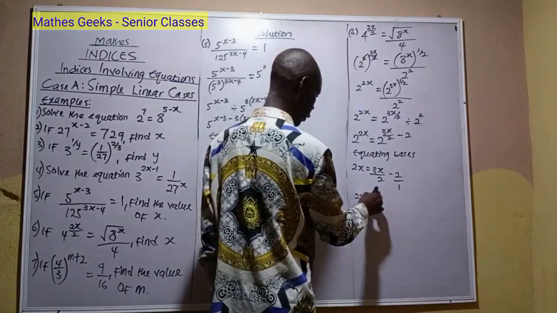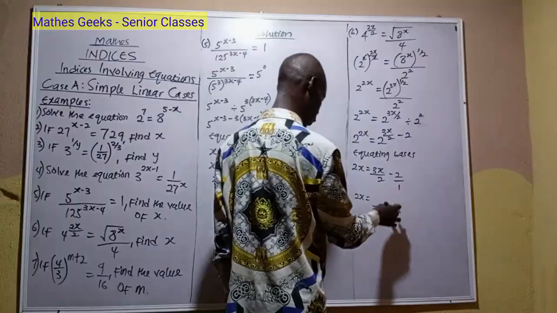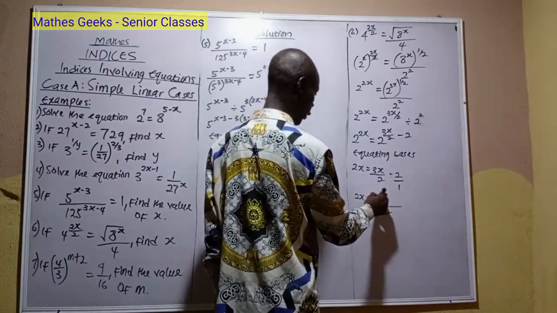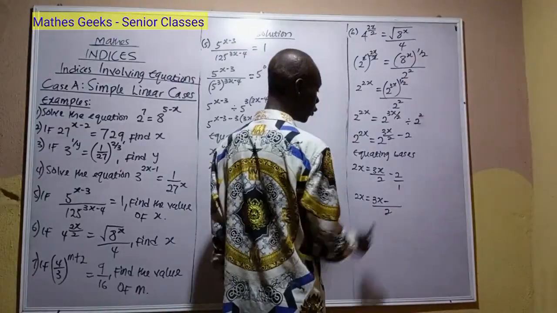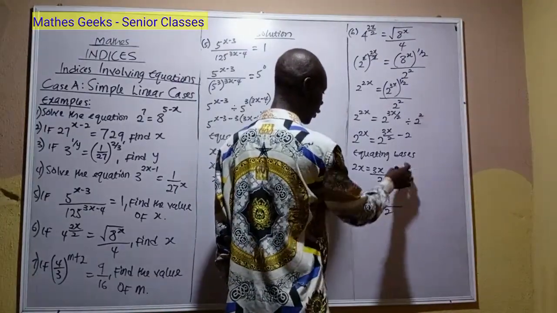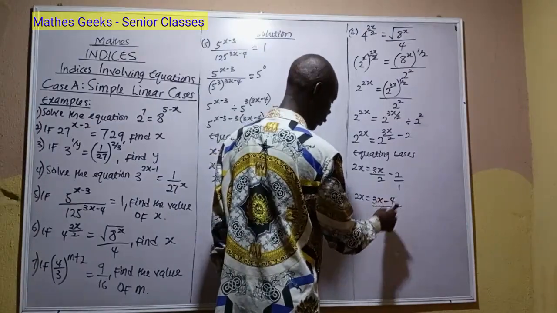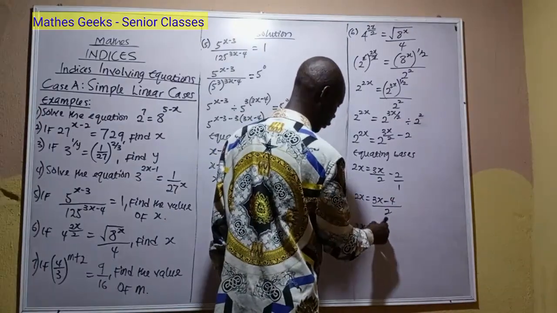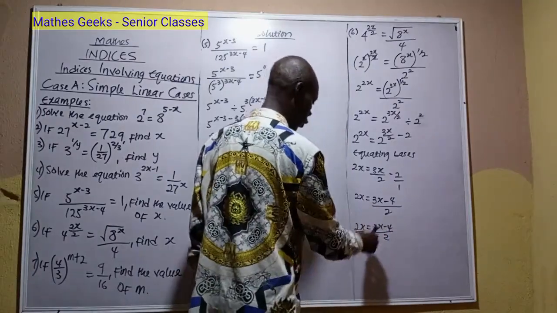This gives us 2x equals LCM of 2 and 1 is 2. 2 divided by 2 is 1, times 3x, minus 2 divided by 1 is 2, 2 times 2 is 4. So it's 2x equal to 3x minus 4 divided by 2 over 1. So we cross multiply.